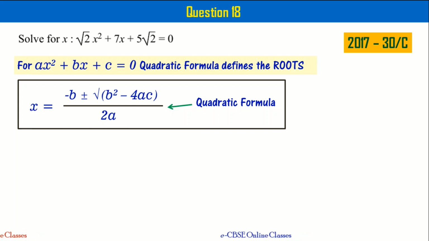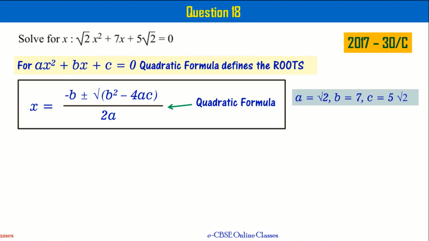The quadratic formula is written as the following: x = (-b ± √(b² - 4ac)) / 2a, right? Please take a note of this formula. And when you compare the given equation with ax² + bx + c = 0, a is going to be √2, b is 7 and c is 5√2, right?